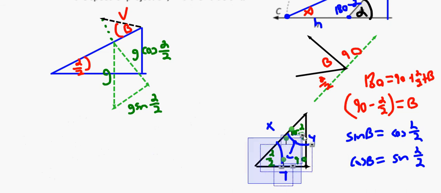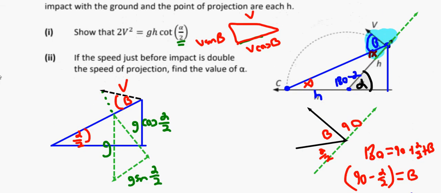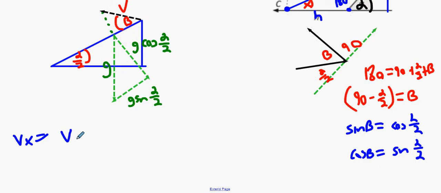Okay, so this is a downhill throw. So let's get at it. Alright, Vx is V cos B, because it's going downhill and the acceleration's being added, so then it's a half. Now it's this one here, it's g sine alpha over 2.